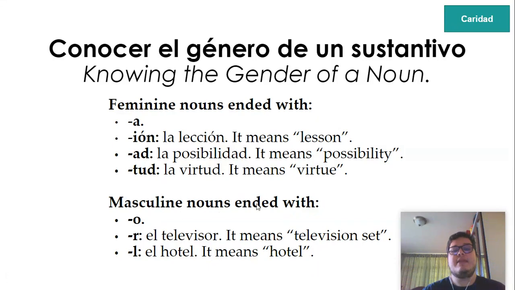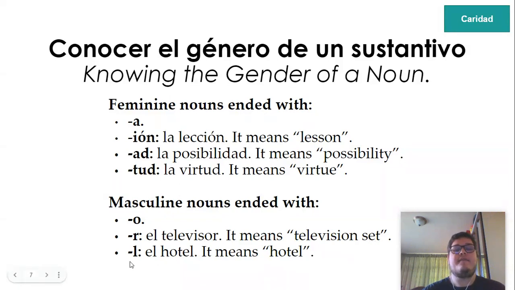Masculine nouns end with O, R, and L. So we have O, el hombro, the shoulder. We know that it is masculine. Also, we have the R, like el televisor, that means television set.